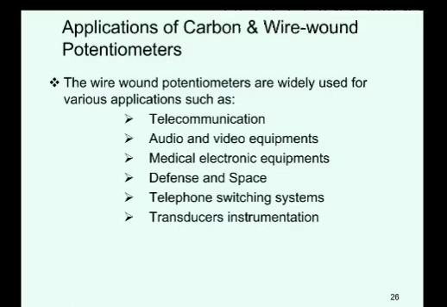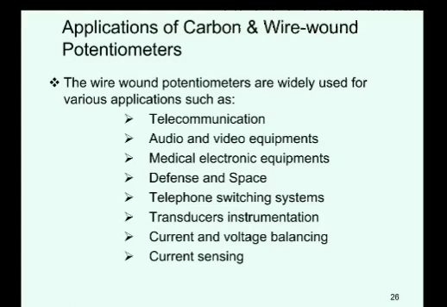Again in the transducers for instrumentation, and they are also used in current and voltage balancing in some instrumentation applications and in sensing of current. So sometimes they are used as a sensing element.